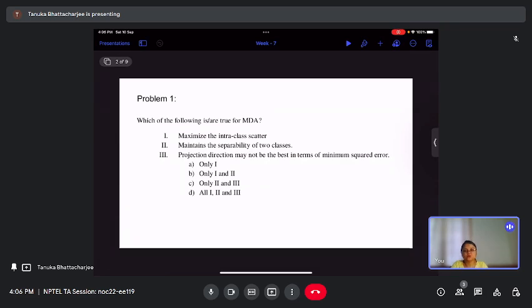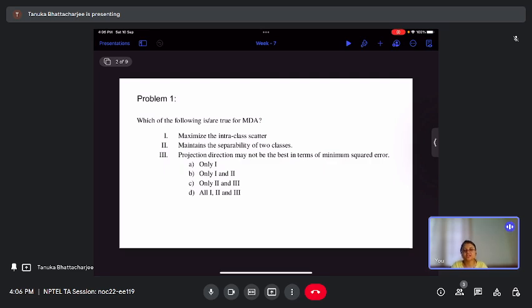So as you know, in case of MDA, when we try to find the projection direction, we try to find such a direction along which if we project the data, then the projected data will have maximum separation between the classes, or the inter-class scatter will be much higher.